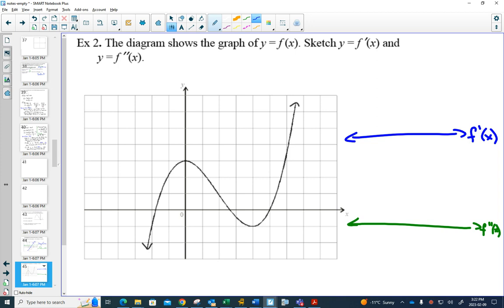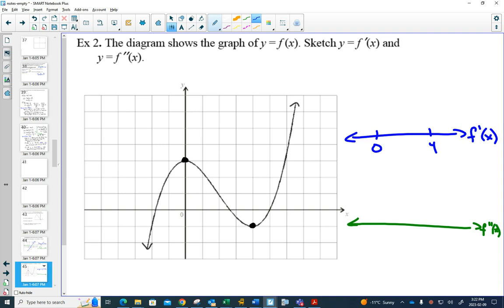Can you see on our original graph we have a maximum here and a minimum there? On our f prime graph, we would have 0 there. And we'll assume this is going by ones, and 4 there.